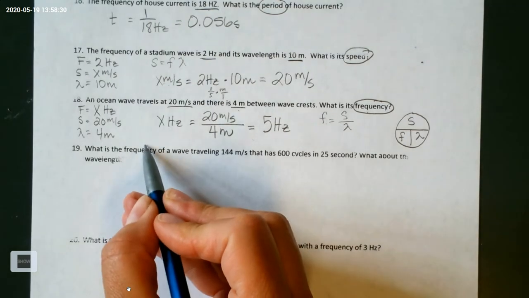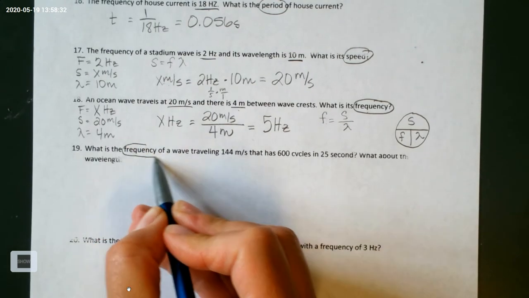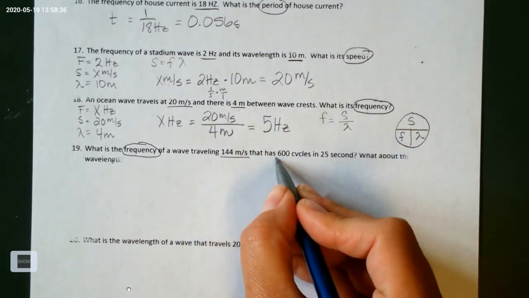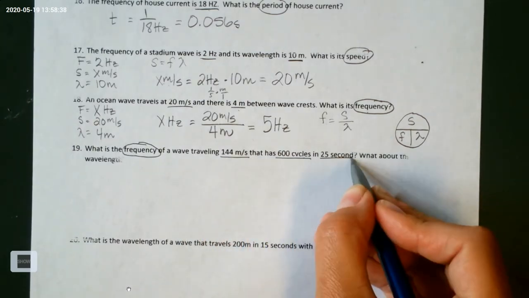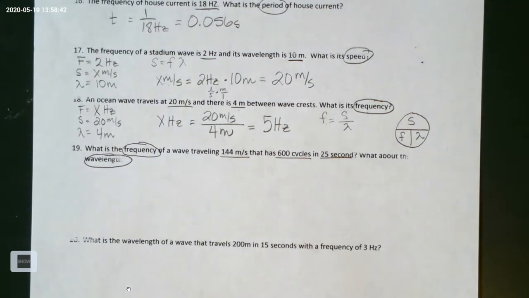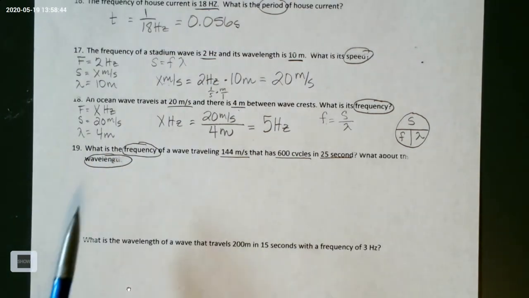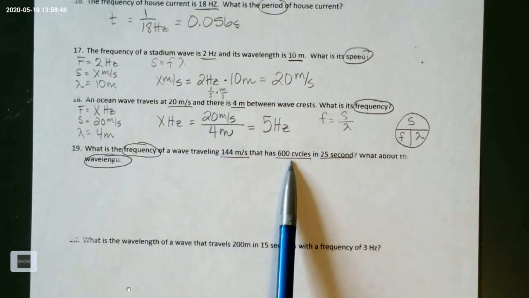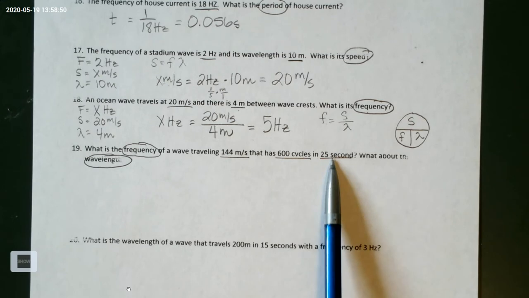So the next one is a 2-part question. What is the frequency of a wave traveling 144 meters per second that has 600 cycles in 25 seconds? And also, what about the wavelength? So we're needing to find frequency and we're needing to find wavelength. We are given a speed, we're given number of cycles, and we're given 25 seconds.